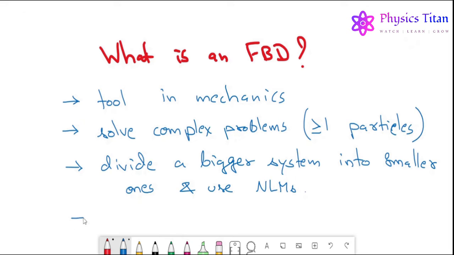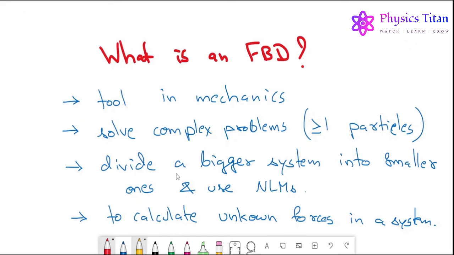And what is the application of this FBD? It is used to calculate unknown forces in a system.